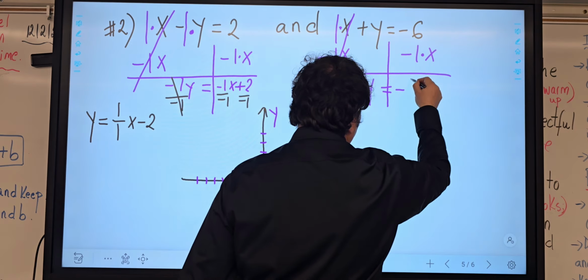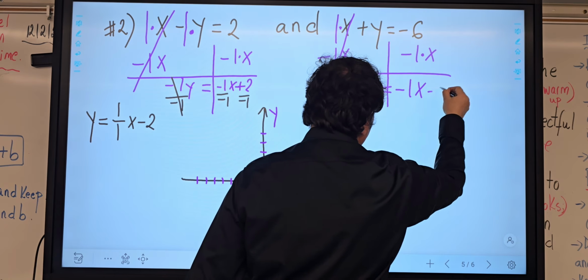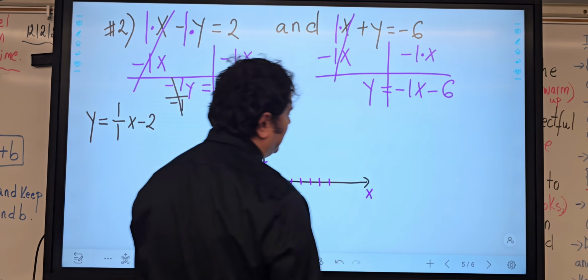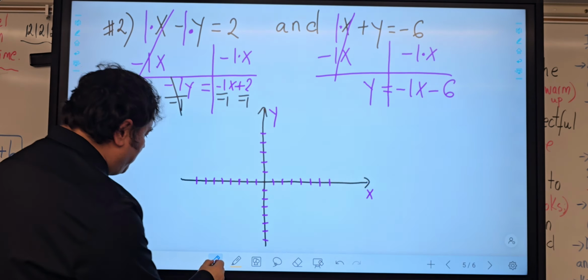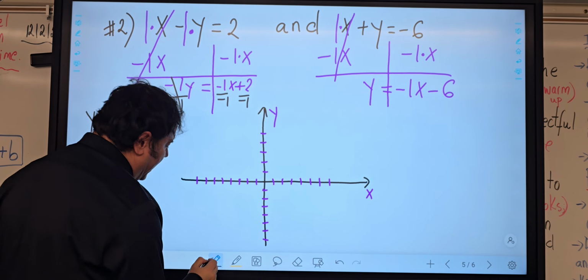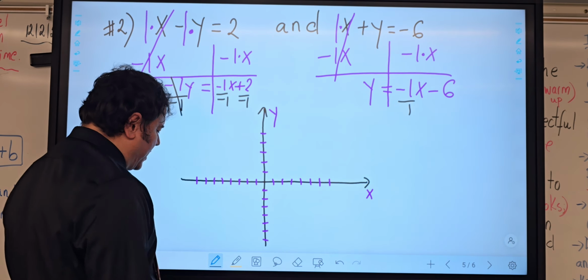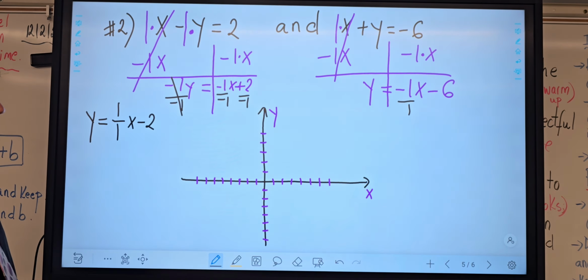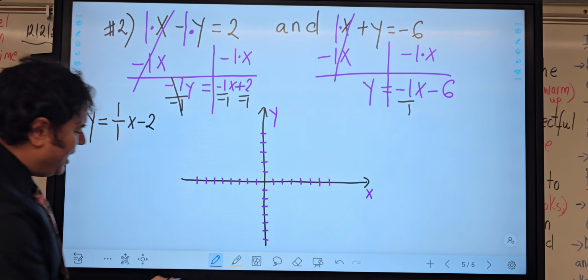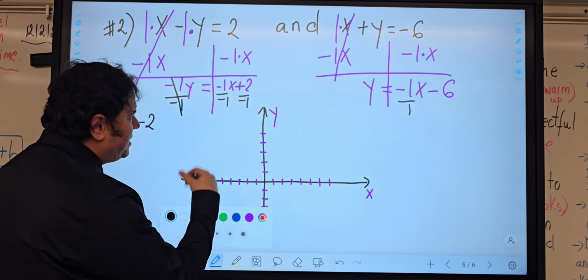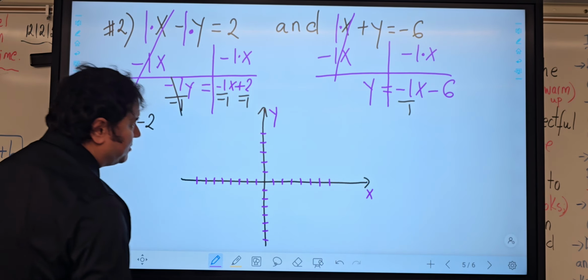So we need to keep negative 1x first, plus minus 6, right? And also we have to remember that we need to put a 1 under negative 1 because we need a rise over run. So let's label the m and the b in both equations and then graph the equations.